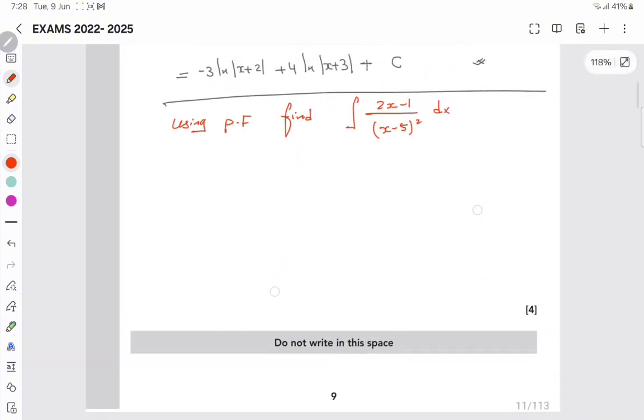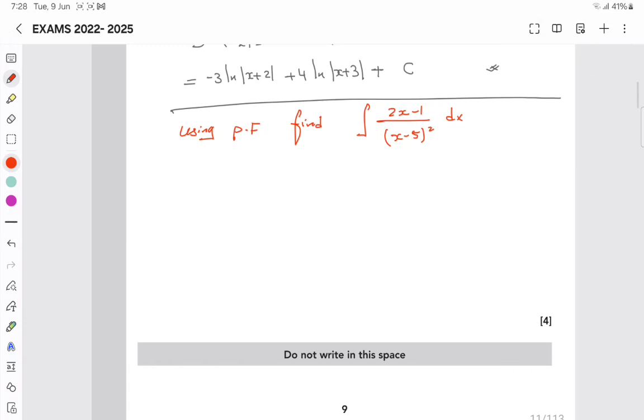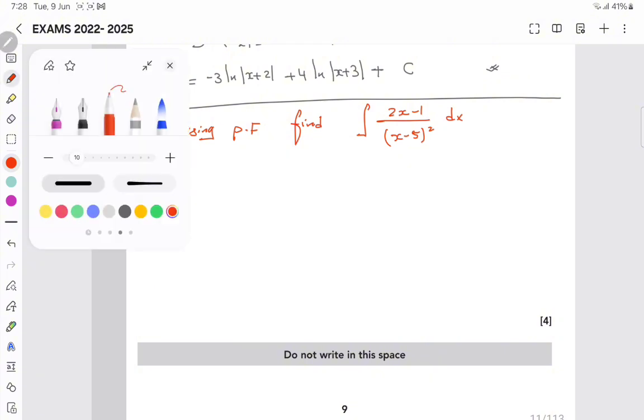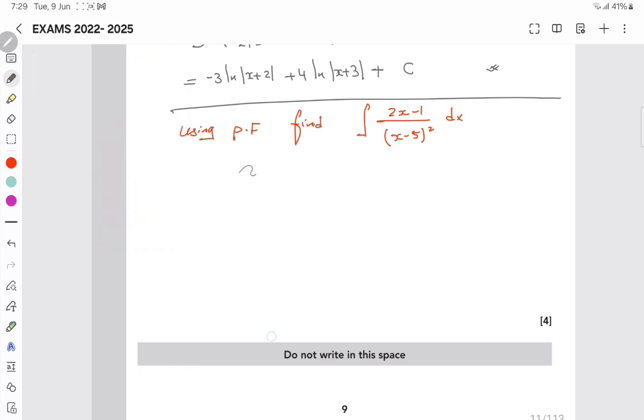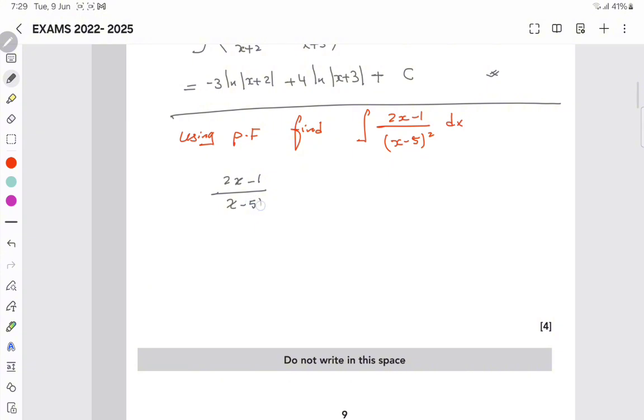So focus with me. That type is called a repeated linear factor in the denominator, meaning one factor but repeated more than one time. Maybe 1 time or 2 times or 3 times. Also, if you have x squared only, it's a repeated factor, it's x times x. So what we have to do here is take the fraction inside: 2x minus 1 over x minus 5 all squared is equal to.